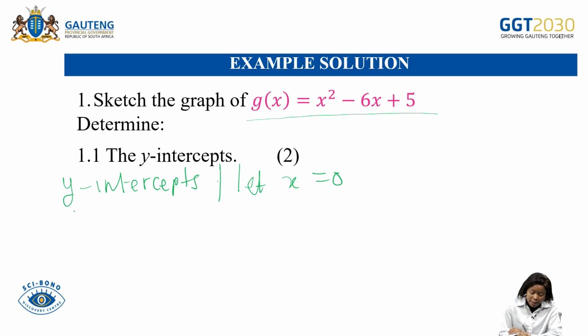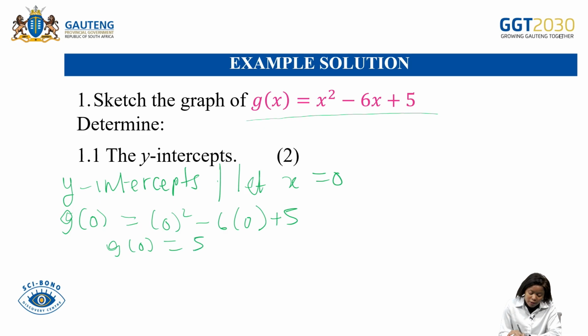So I'll have g of, I open a bracket, I substitute 0, it is equal to, again, I see x, I substitute 0, I square, minus 6, I substitute x with 0, and plus 5. So your g at 0 is equal to 5.